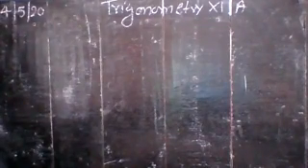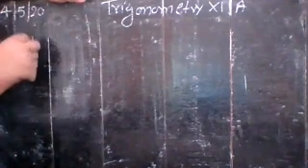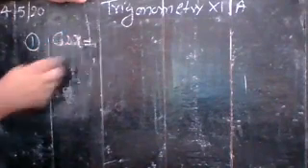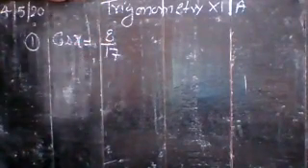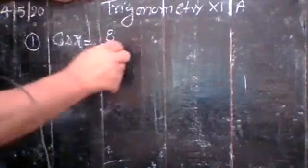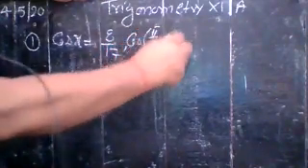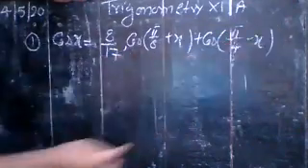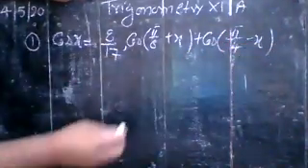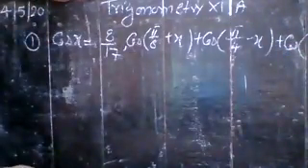If x lies in the first quadrant and cos x is equal to 8 upon 17, then find the value of cos(pi by 6 plus x) plus cos(pi by 4 minus x) plus cos(2 pi by 3 minus x).